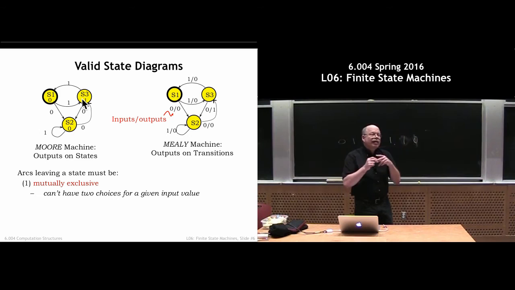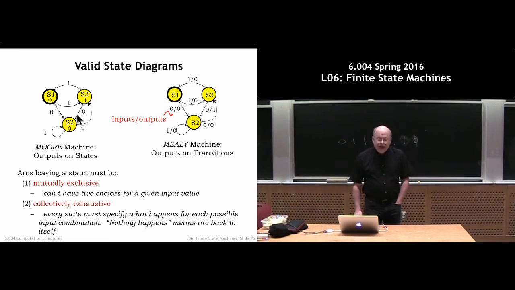Theorists love to think about non-deterministic FSMs, but mostly engineers aren't interested in that. So you had better have non-conflicting sets of labels on all of the arcs leaving each state. And the labels have to be collectively exhaustive.